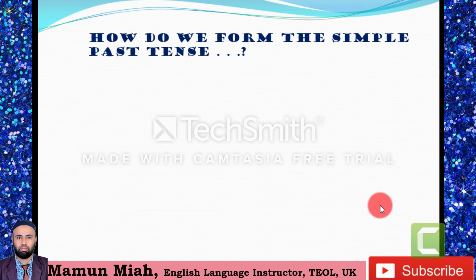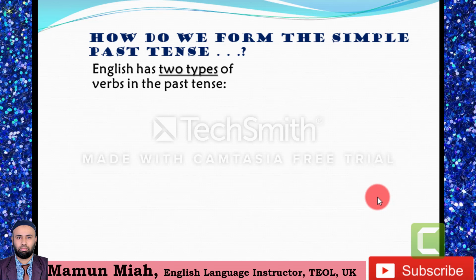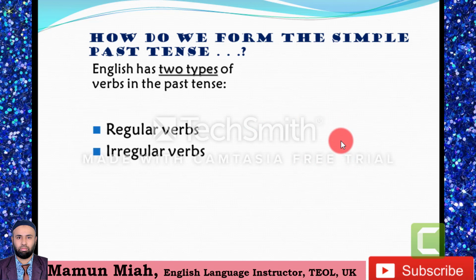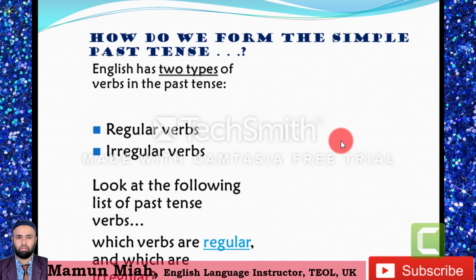How do we form the simple past tense? English has two types of verbs in the past tense: regular verbs and irregular verbs. Look at the following list of past tense verbs. Which verbs are regular and which are irregular?